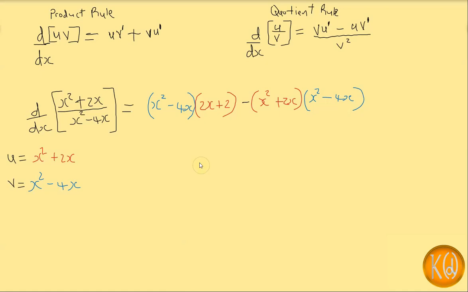Great. And that's all over the denominator squared, and the denominator is our v, so that's x squared minus 4x all squared. And that's the quotient rule in a nutshell.